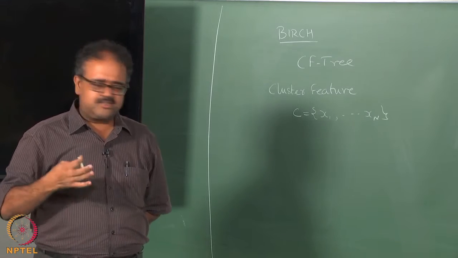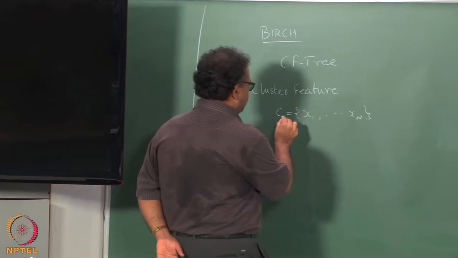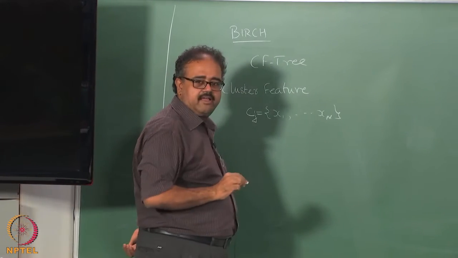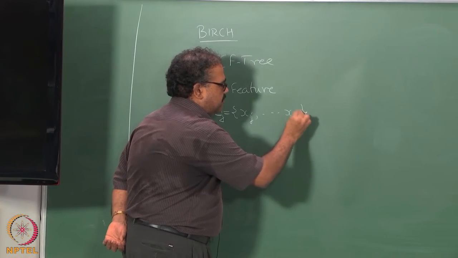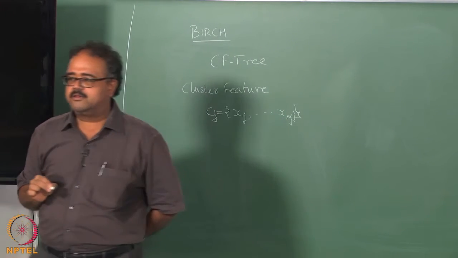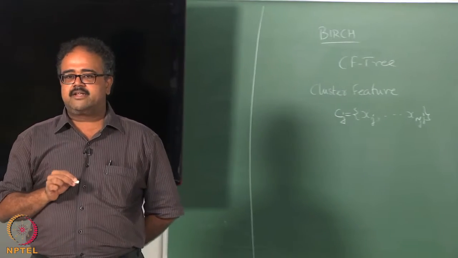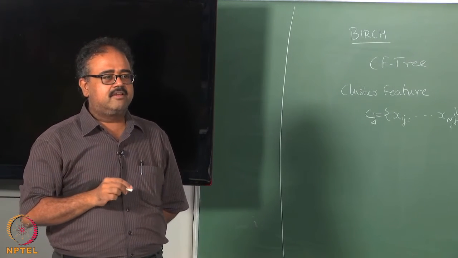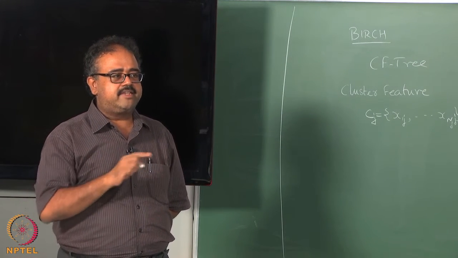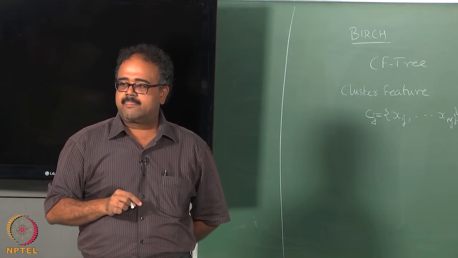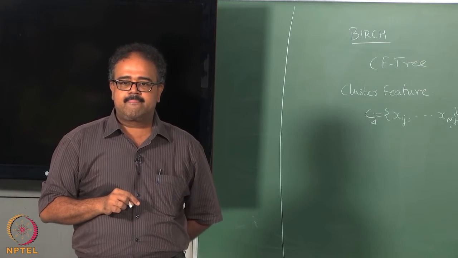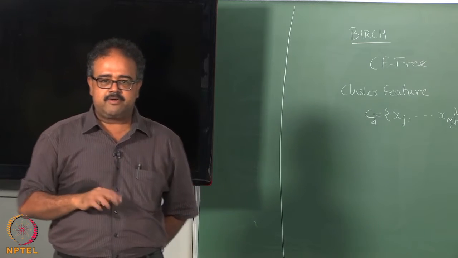In fact, I should do something more than this: cluster j consists of nj points, which I will denote as x1j to xnjj. So this is the cluster.